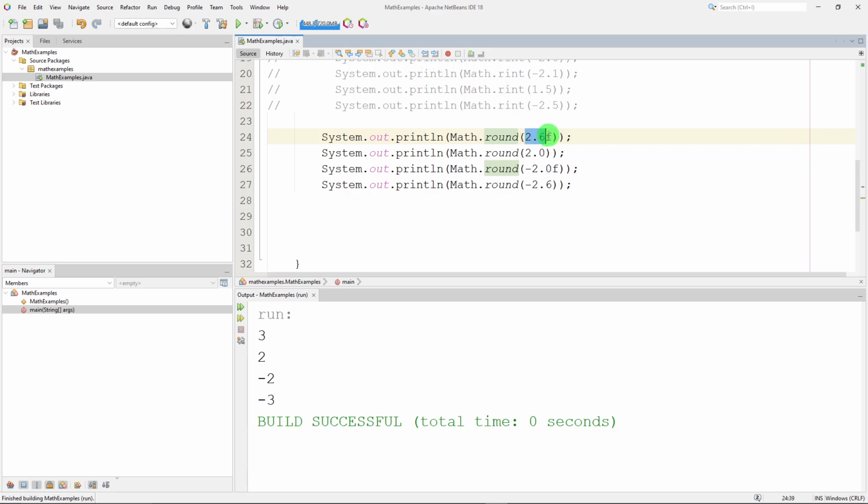So 2.6 as a float gets rounded up to 3. And notice these don't have decimals on them, so they're integer data types. 2.0, when we round it, stays 2. Negative 2.0 as a float stays negative 2. And negative 2.6, because this is greater than .5, gets rounded to negative 3. So that's traditional rounding.